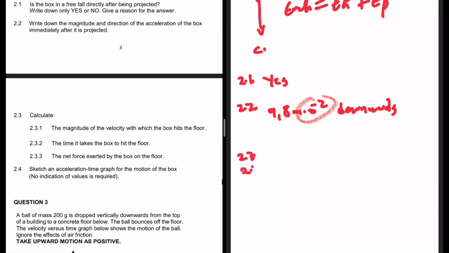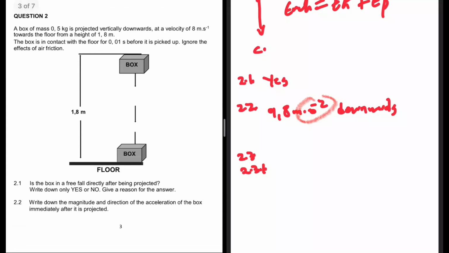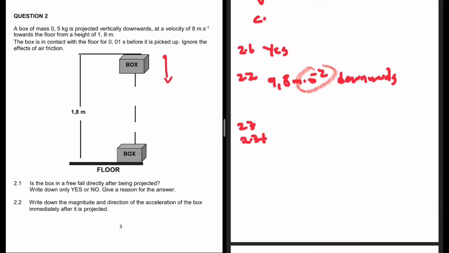2.3.1. We are looking for the magnitude of the velocity with which the ball hits the floor. Okay, so it is projected downwards and then there it goes until it reaches the floor, right? So let's take a look at the information that we have, so that it guides us in order to pick a formula. It is the information that we have that leads us to the formula.